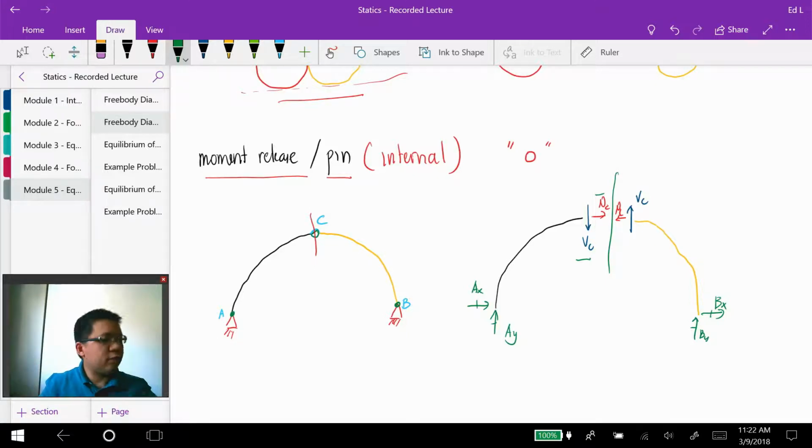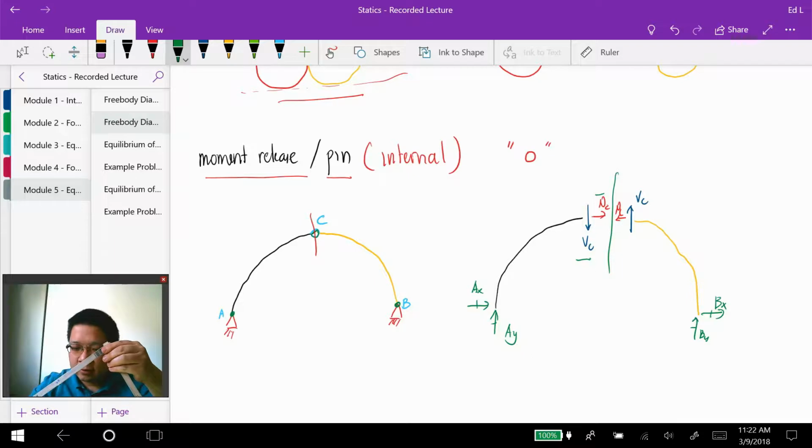So for example, this is one of the members, and this is the other member, and this pin is connected at the top right here. You can see that these two members are free to rotate. Since they are free to rotate, the pin cannot transfer the moment.